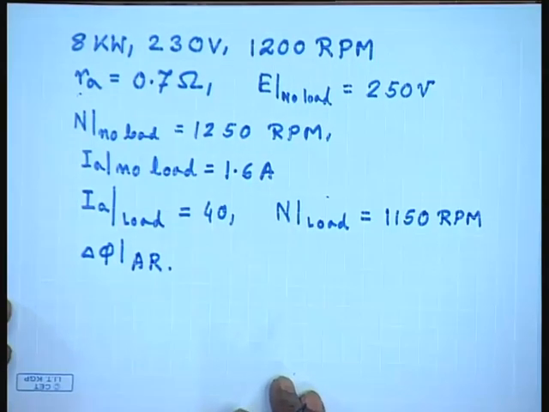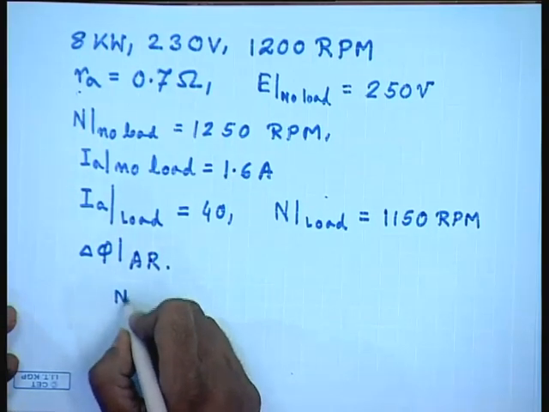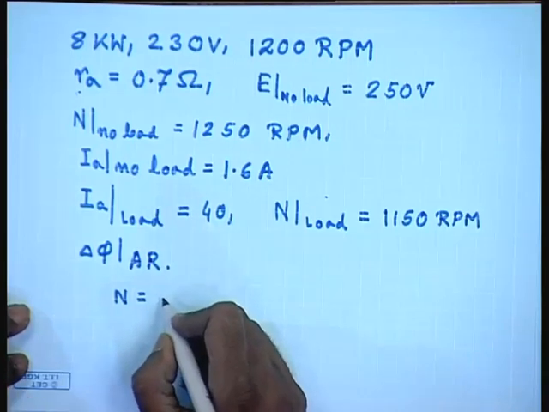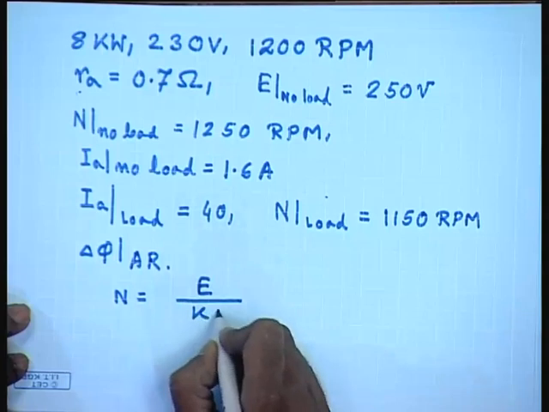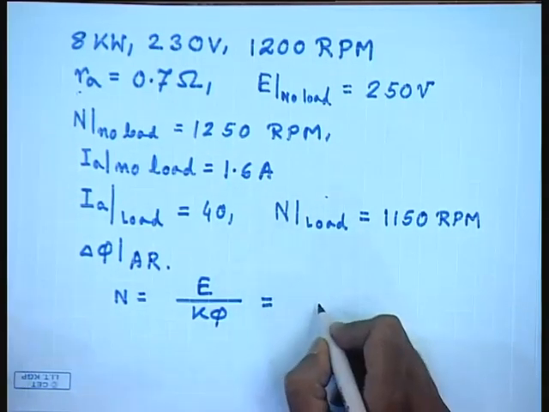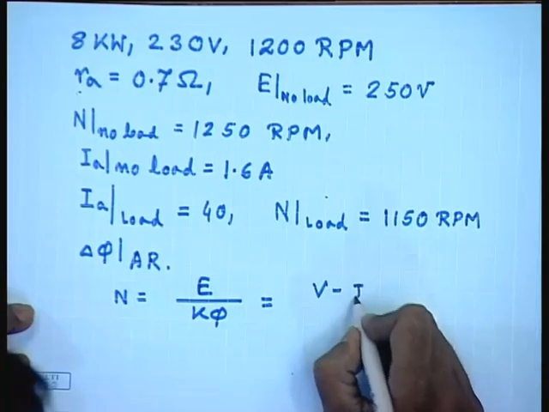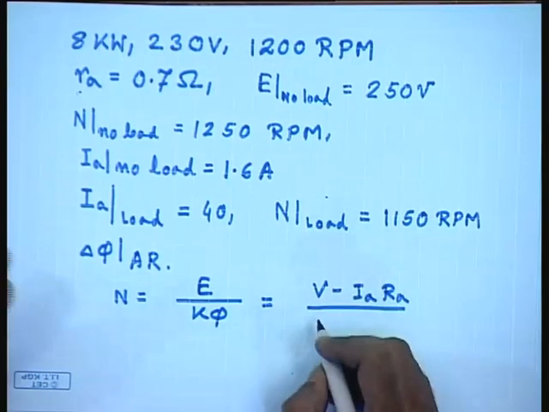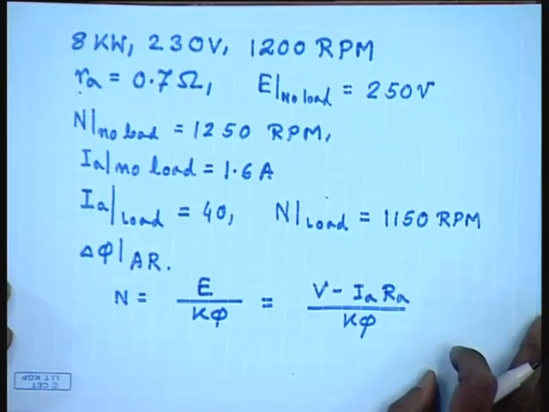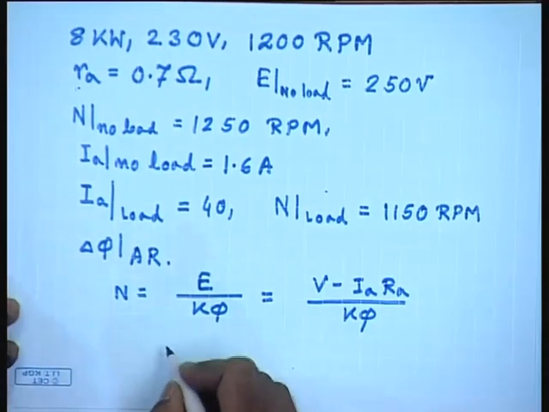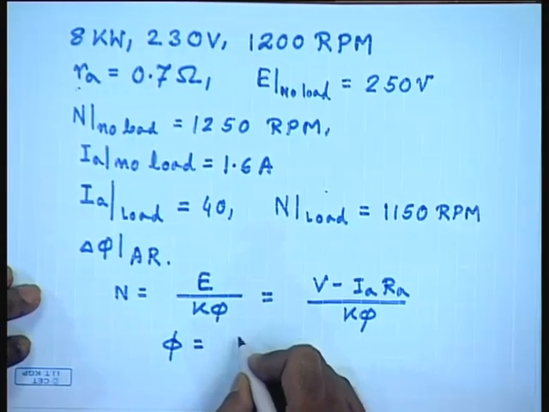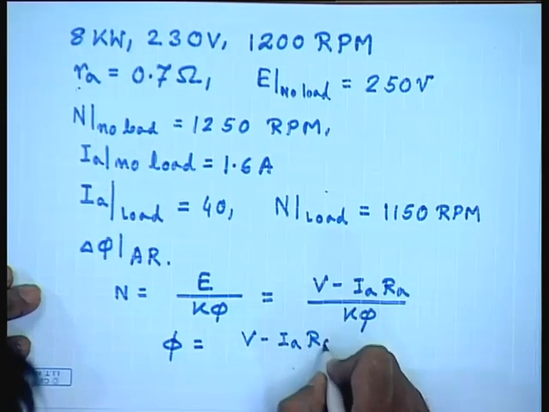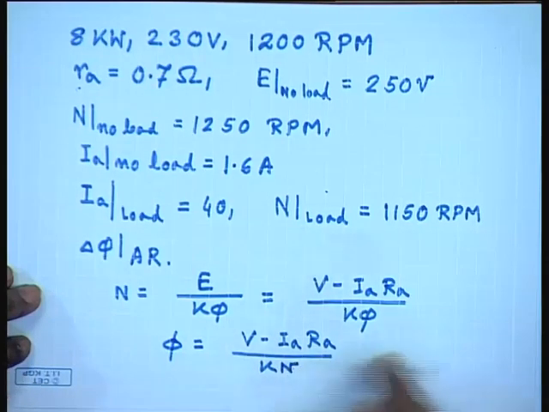Now, we know the speed n equal to E divided by k phi, equal to V minus Ia Ra by k phi, or phi equal to V minus Ia Ra by k n.